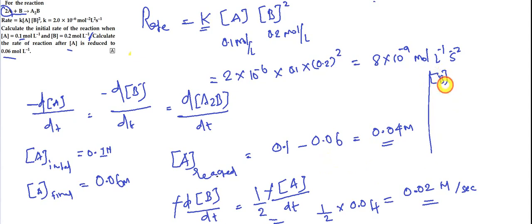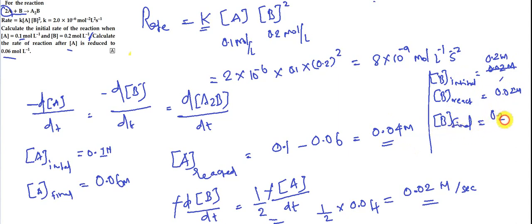The concentration of B initial is what they had given here, 0.2 M. The concentration of B reacted, what we found, is 0.02 M. So we can calculate the B final from 0.2 minus 0.02, which is equal to 0.18 molar. So we got the B final here.